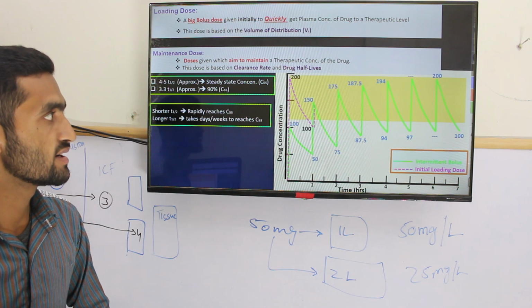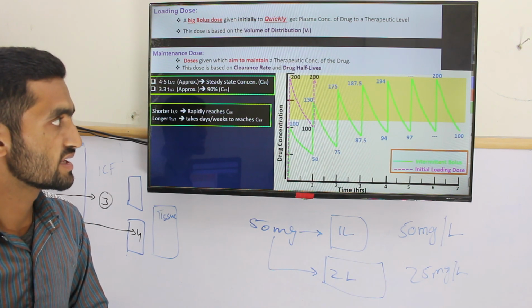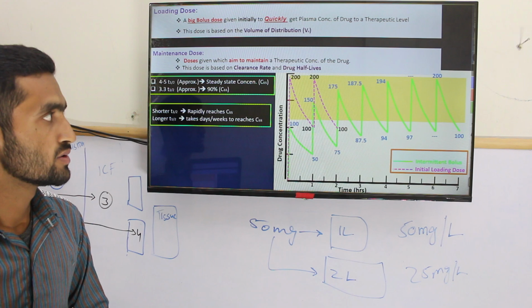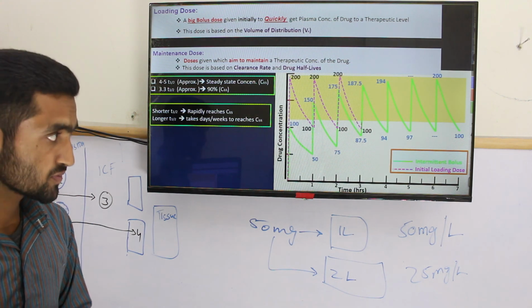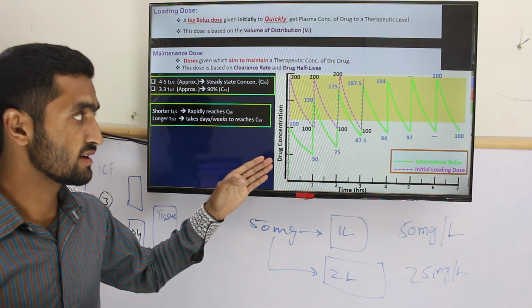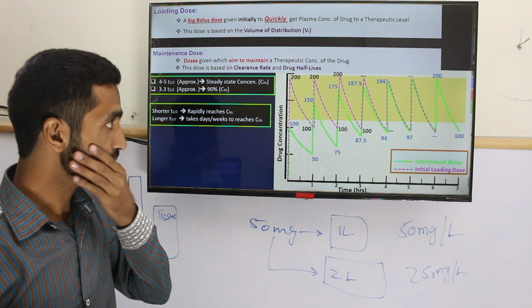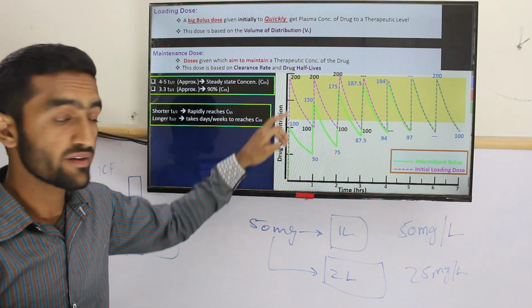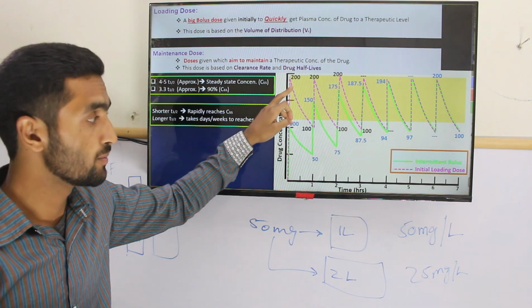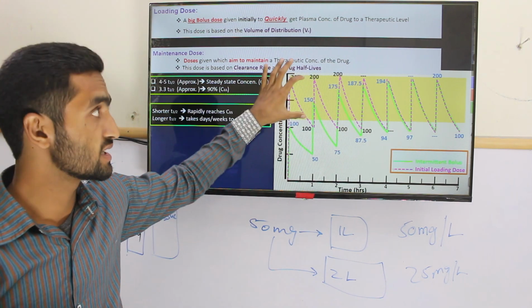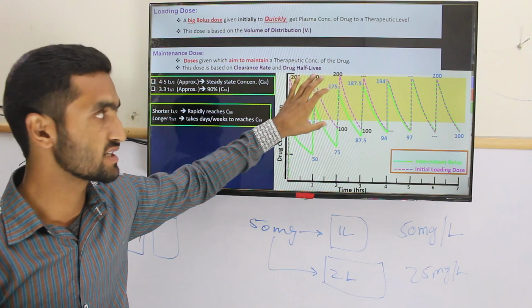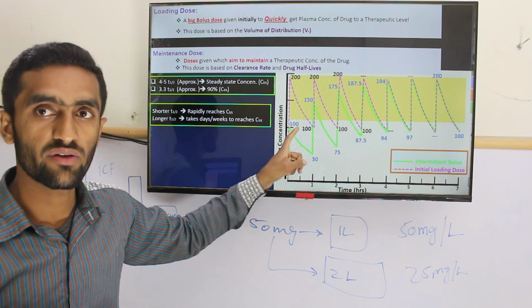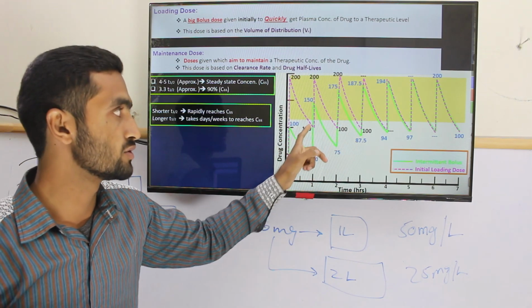Then you give 100, it reaches 200, then goes back to 100. So this story continues. First you have given a 200 big bolus to reach the target concentration. After this, you just continue the maintenance dose of 100.